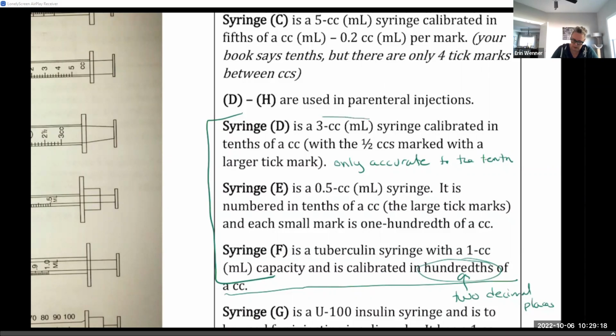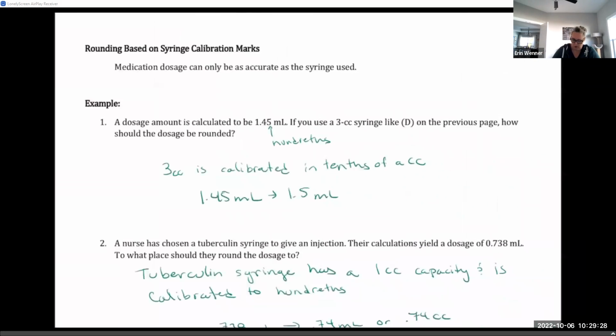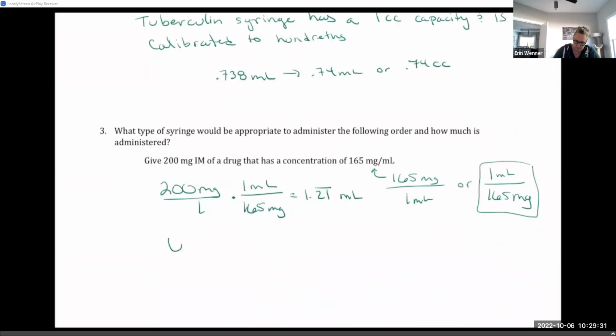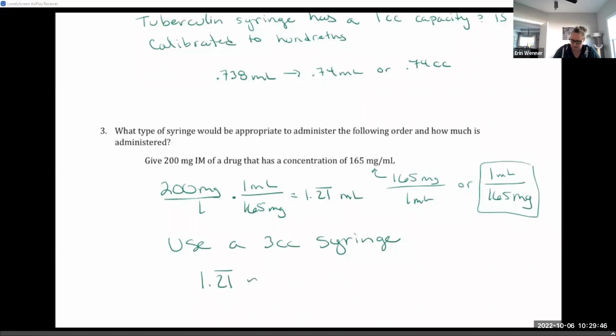Therefore, we're going to use a 3 cc syringe, which is calibrated in tenths of a cc, which means we can only be accurate to a tenth. And therefore, we can only give 1.21 repeating. That becomes 1.2 milliliters or 1.2 cc's.